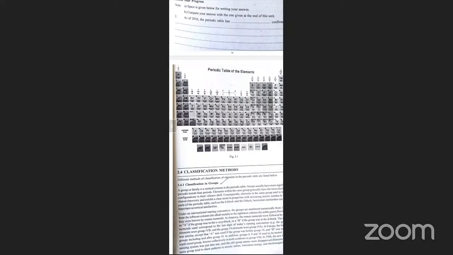And again, in America, the Roman numerals were followed by an A or B. If a group was in the S or P block, it was A. If it is a group D, then in place of that, they will use B. The Roman numerals used correspond to the last digit of today's naming convention.